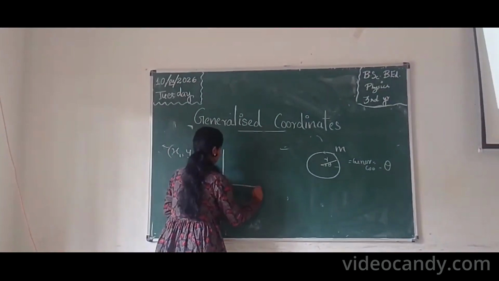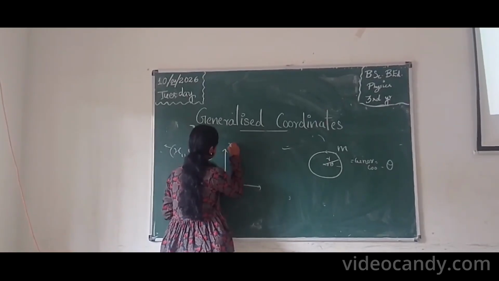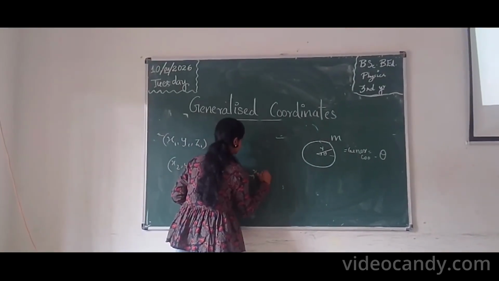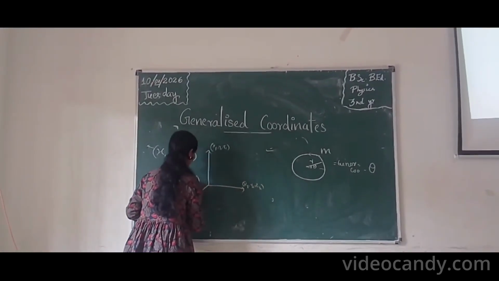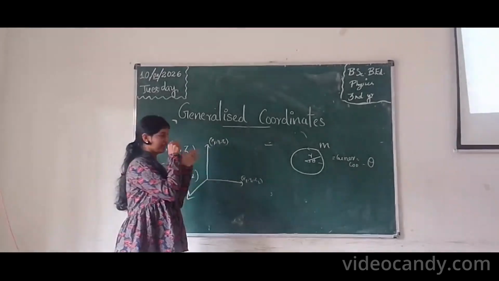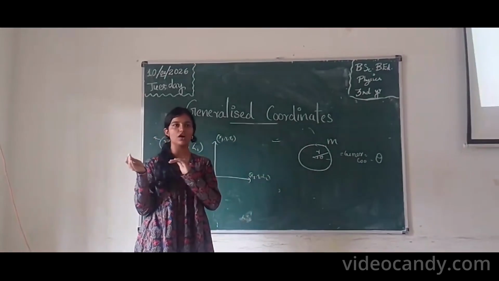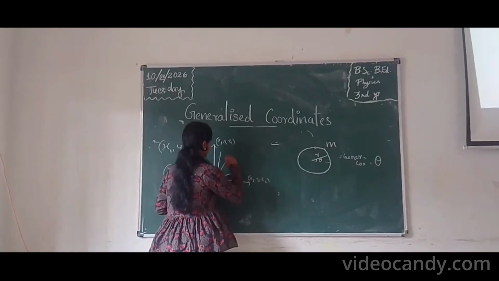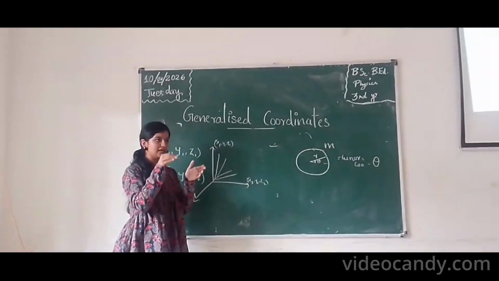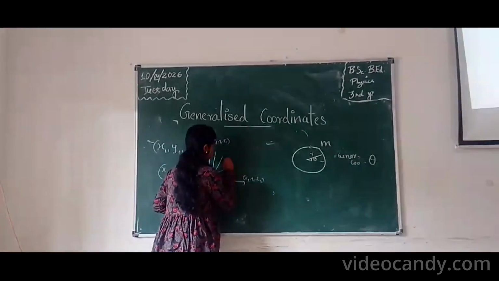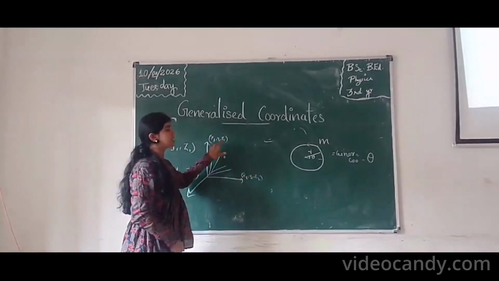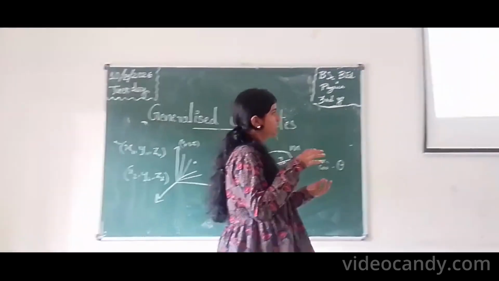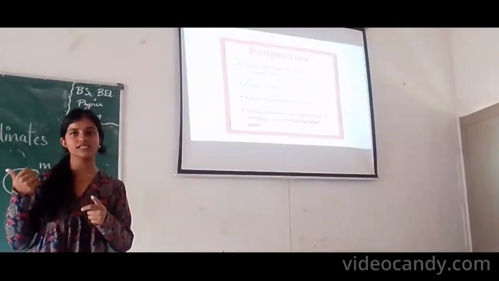So if it is x1, y1, z1 and x2, y2, z2, they have to be arranged in a particular space called configuration space, and it should explain the whole system of particles. So the space spanned by the generalized coordinates is known as configuration space.